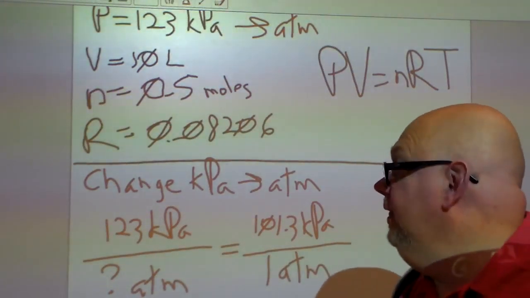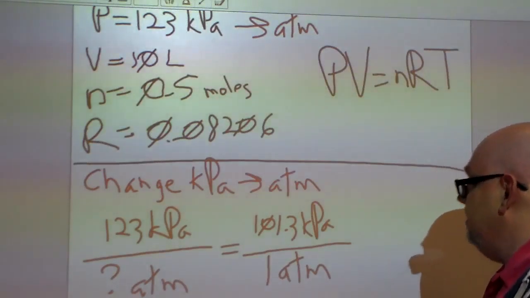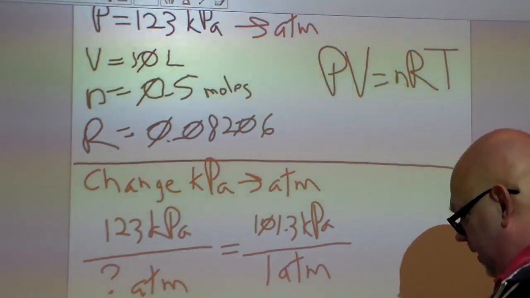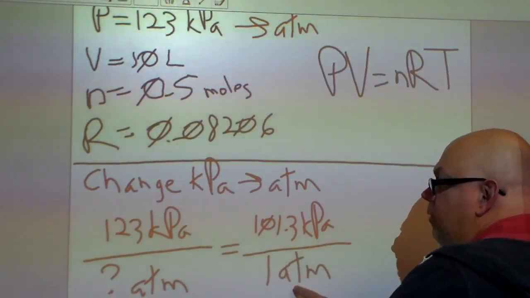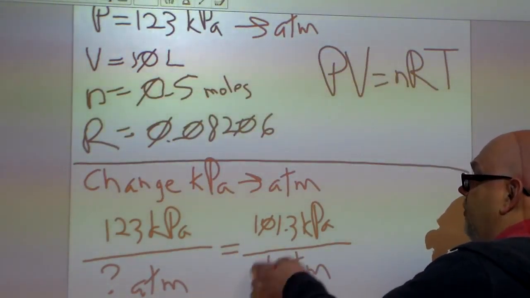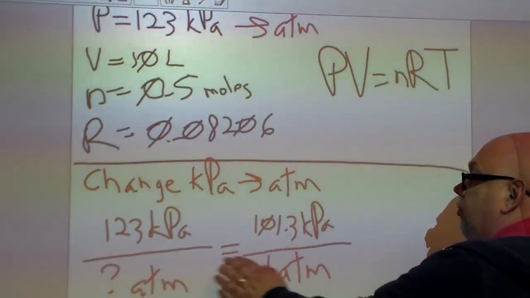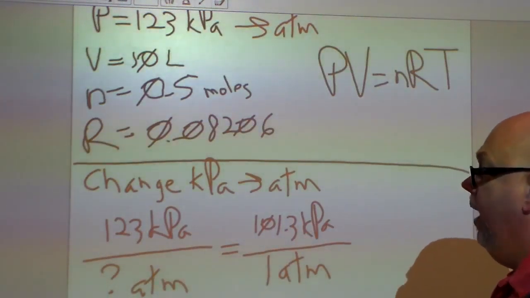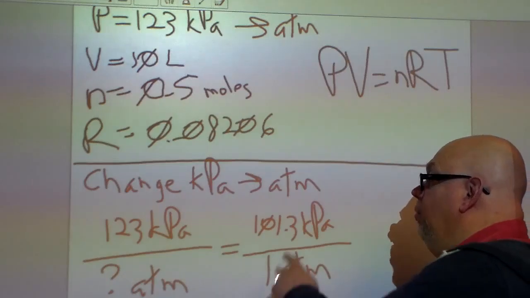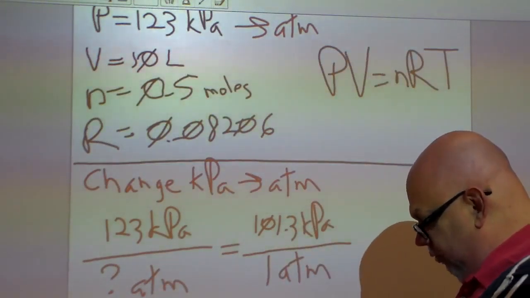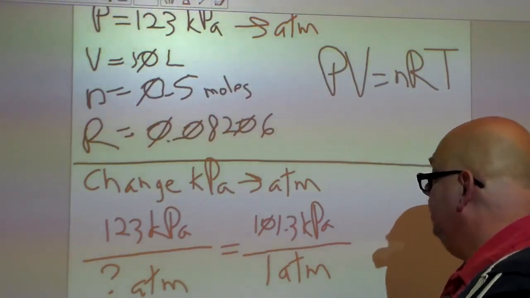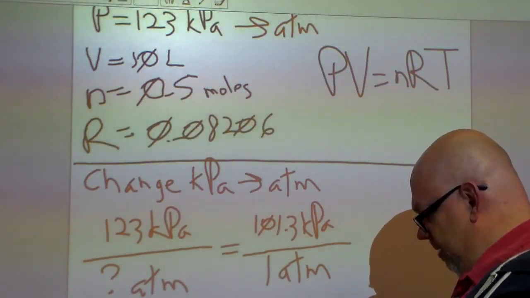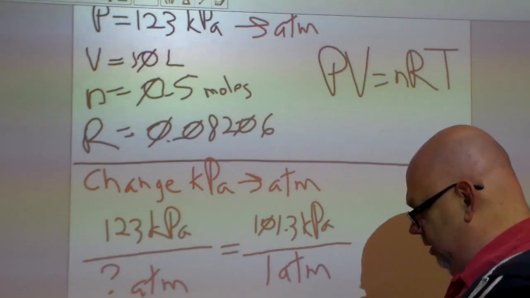Okay, so let's go ahead and figure out our atmosphere. Okay, so I got 123 times 1, we cross multiply, and then equals 101.3 times x. Well, you know what? We're going to take 123 and we're going to divide it by 101.3. 123 divided by 101.3 equals.